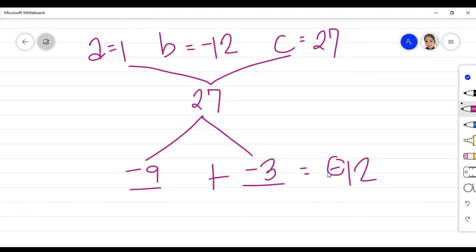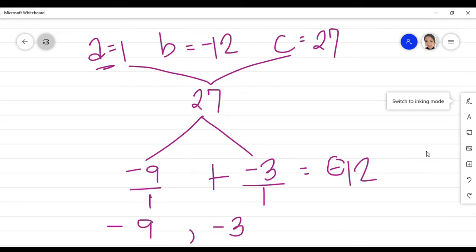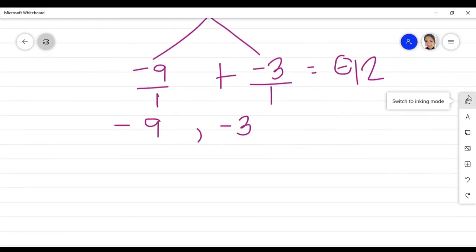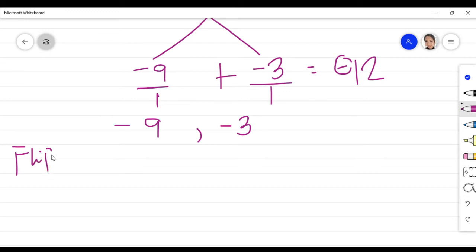Next, we will divide these two numbers by our A, which is 1. So divided by 1, we have negative 9 and negative 3. And then do not forget to change their signs. So flipping the numbers, or change their signs, we have positive 9 and positive 3.